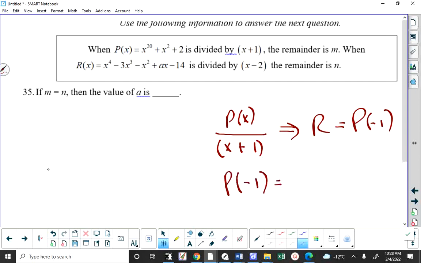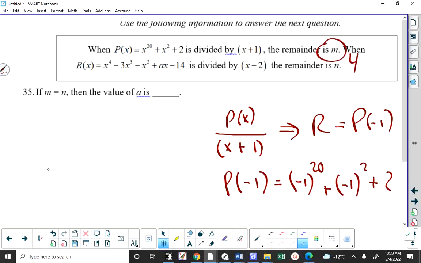P of negative 1 will be negative 1 to the 20 plus negative 1 to the 2 plus 2. Both of these exponents on the negative 1 are even, and even exponents always result in a positive result. So you get 1 plus 1 plus 2, it's 4. M is 4.